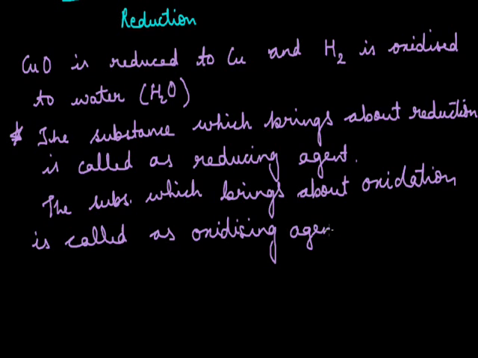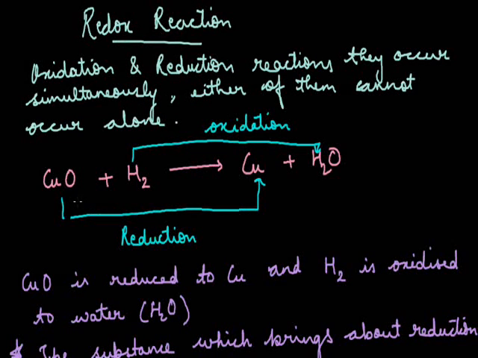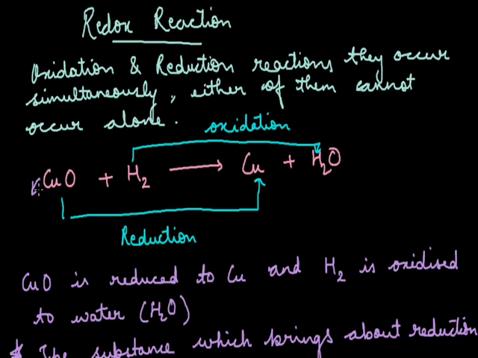In this case, the oxidizing agent is CuO, that is cupric oxide. So in the above case, we can denote that this is the oxidizing agent and this is the reducing agent.